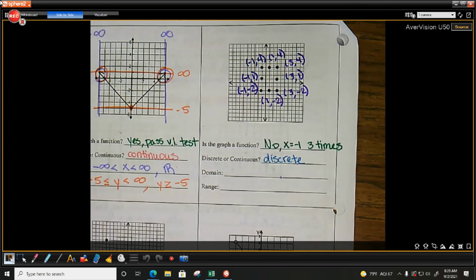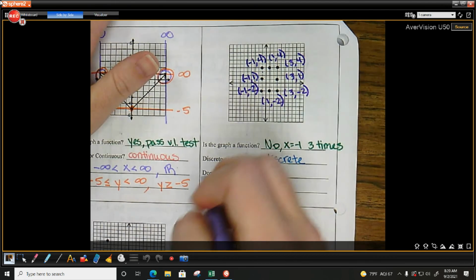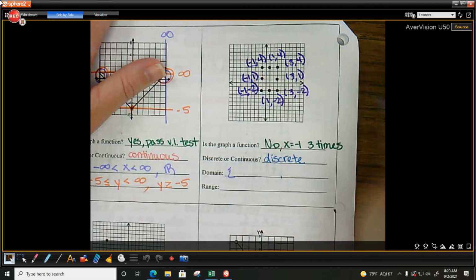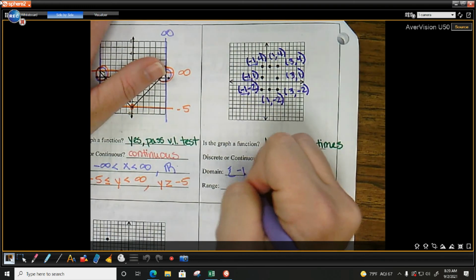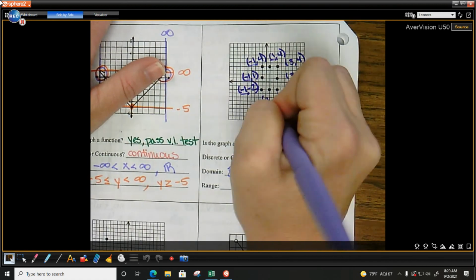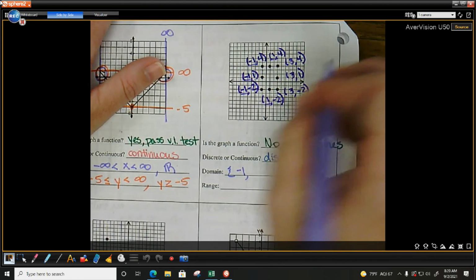So again, we list them out, use your curly brackets, domain are x's. So I have x values of -1. Am I going to write it multiple times? No, just once. Then I have x values of 1. Do I write it multiple times? No, just once. And then I have x values of 3. Do I write it multiple times? Just once. Good?